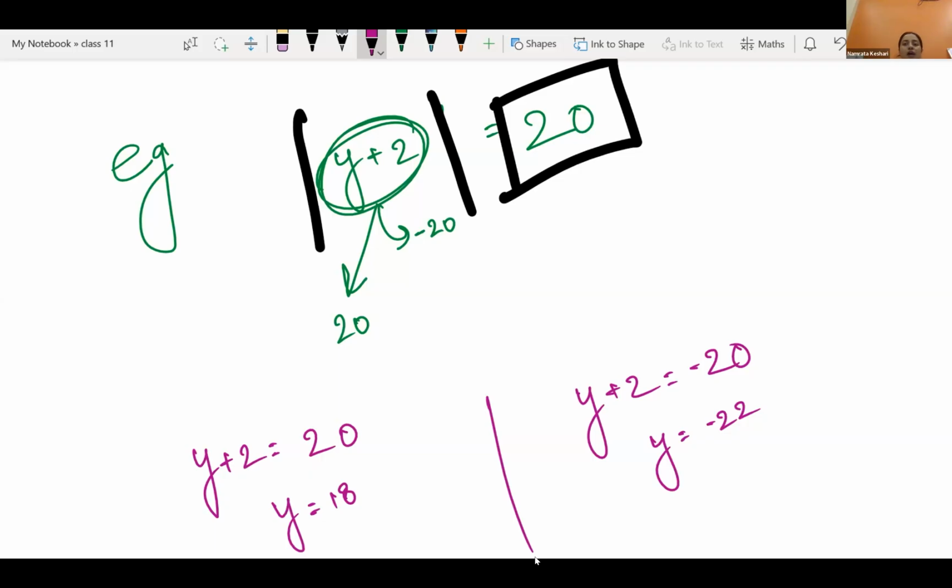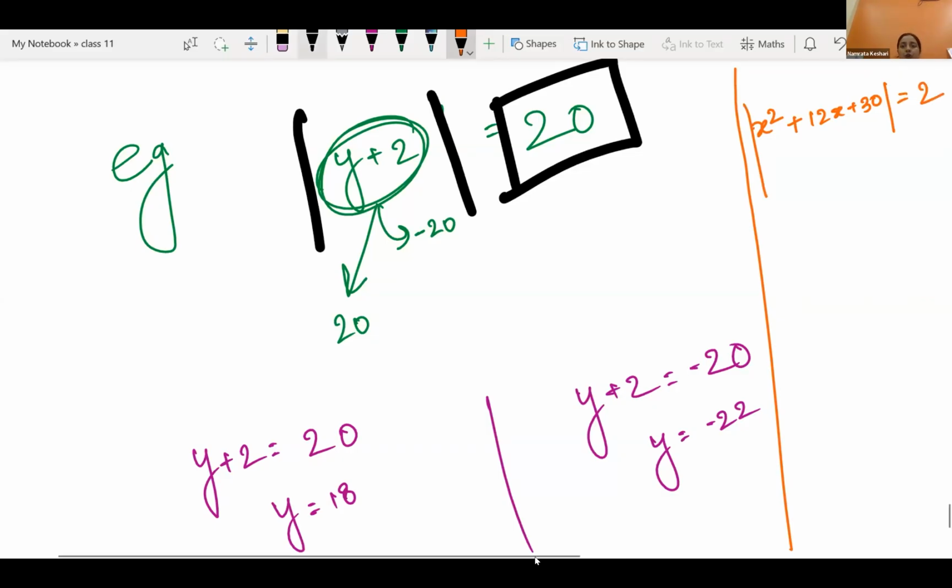Okay, in case we have a quadratic form, x square plus 12x plus 32 equals 2. Again, we will use the same understanding: after solving this part inside the modulus, if the final answer is 2, that means maybe it was negative 2, or maybe it was positive 2.